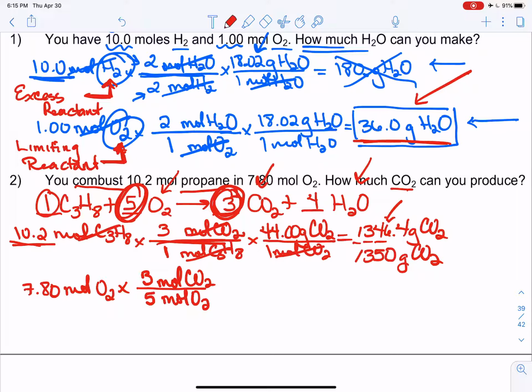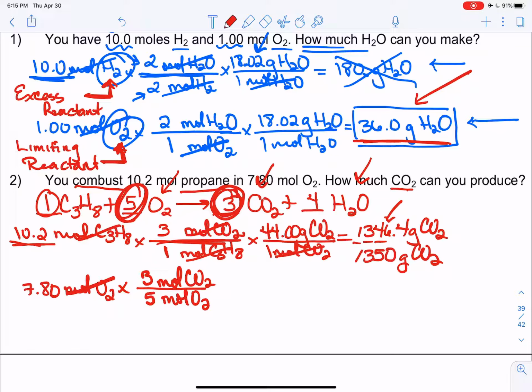Okay, again, you guys, if mole bothers you, put your finger over it and say, I've got to use up 5 moles of O2 in order to make 3 moles of CO2. Or the other way you can say it is, to make 3 moles of CO2, I've got to consume 5 moles of O2. Or 3 CO2s, I've got to consume 5 O2s.